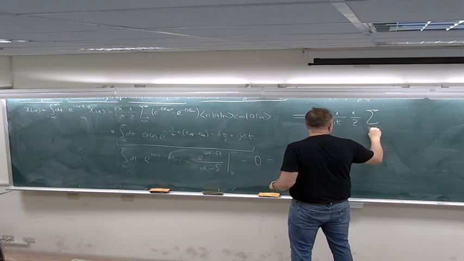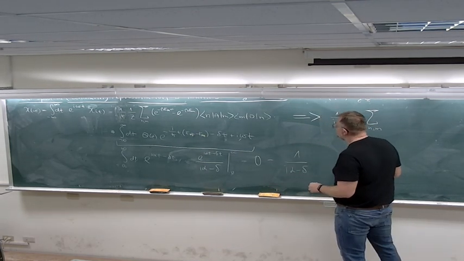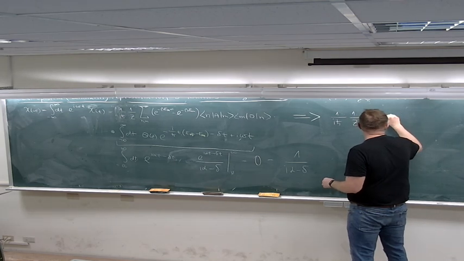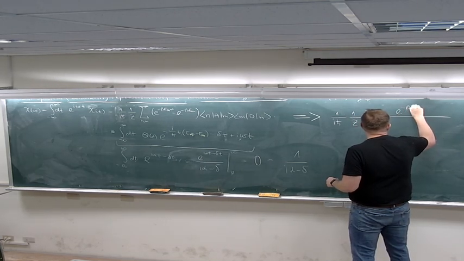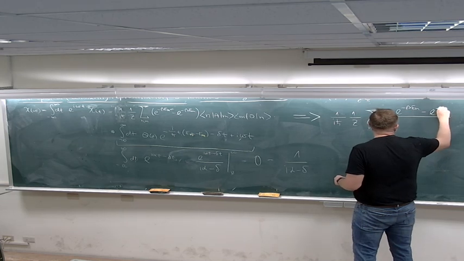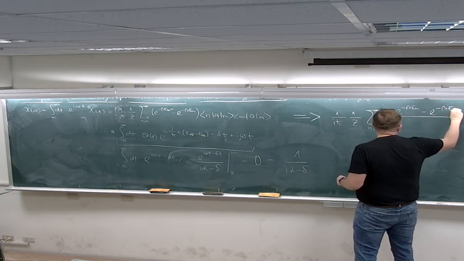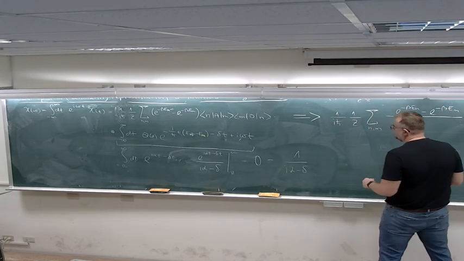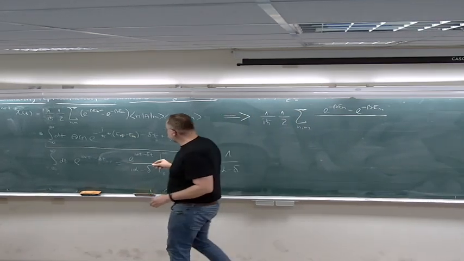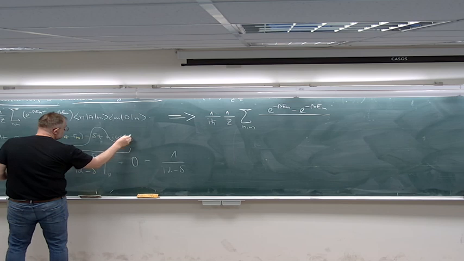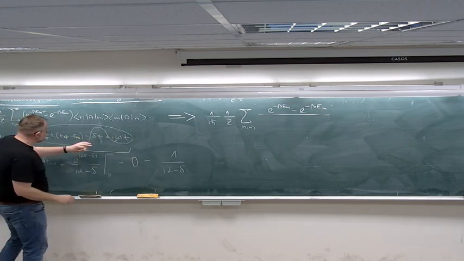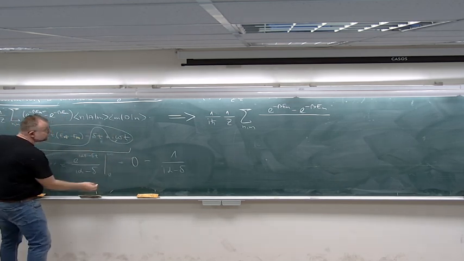sum over m. And then what we are getting here is e to the minus beta E_n minus e to the minus beta E_m. Okay? And in the denominator, I'm getting these things. All those things I'm getting there in the denominator are already written.